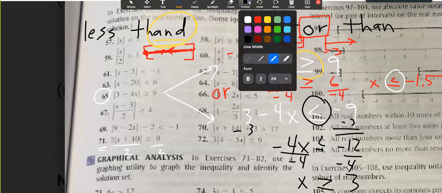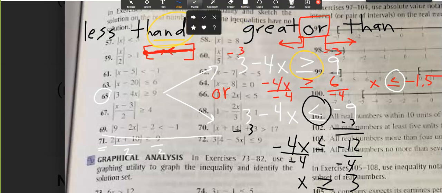So on a number line scenario where we've got, let's see, -1, so 0. We've got 3 and -3. We would probably have a bracket with an arrow going out because that's greater than or equal to 3.